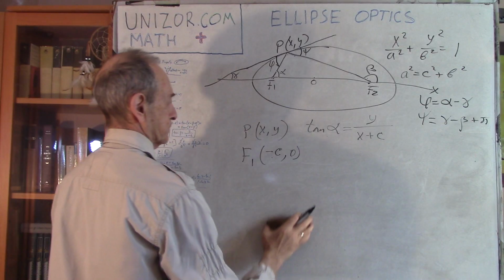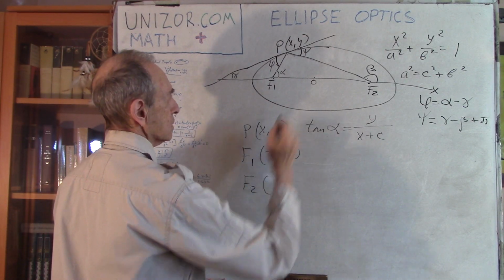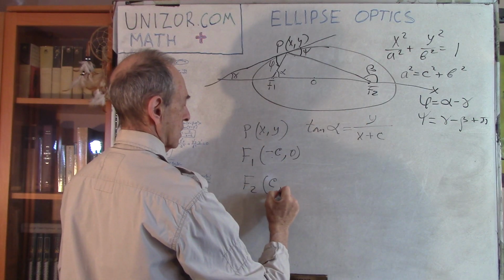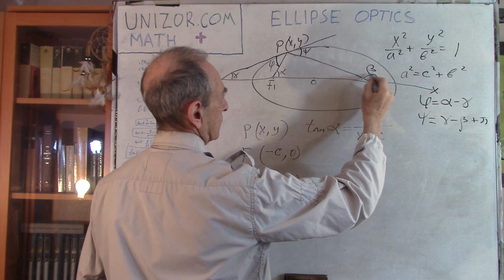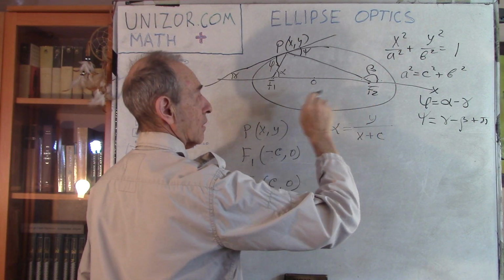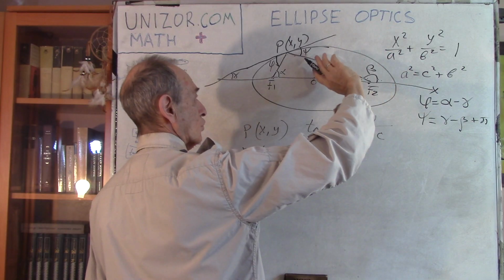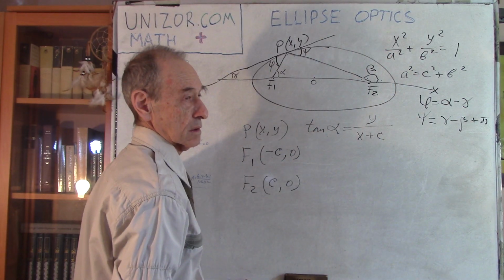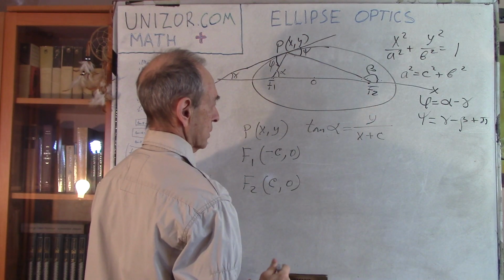That's it. Now, F2 has coordinates plus c and 0, which makes this angle, I'm talking about the direction from the positive direction of x towards this particular segment.